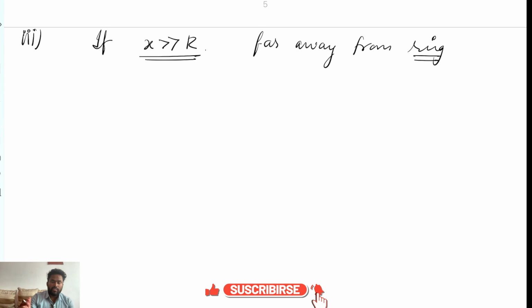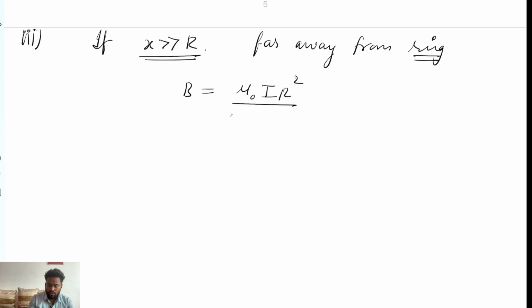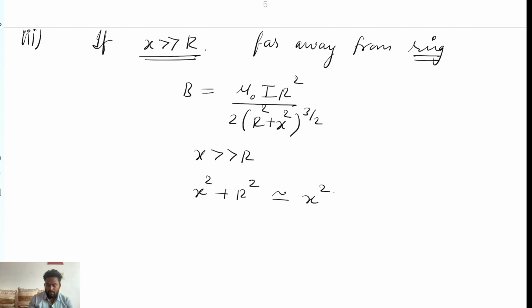So when you are moving very far away, the first formula is mu naught I R square over 2 times R square plus X square power 3 by 2. Okay. Now if X is much greater than R, then X square plus R square will approximately be how much? X square only. That R square can be neglected because that is very small.